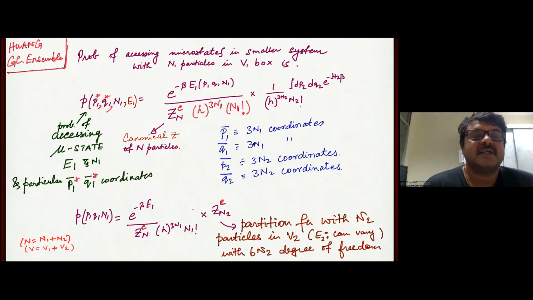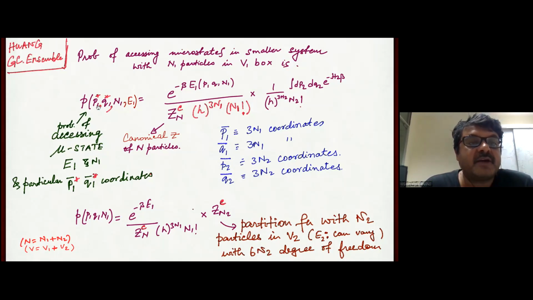Now this is the probability of accessing microstates in a smaller system. The probability of accessing microstates in a smaller system with N1 particles in volume V box is, yeah, the probability of accessing a particular microstate.